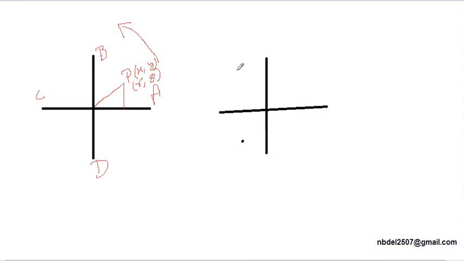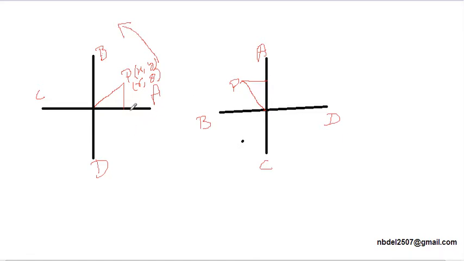Now I shifted 90 degrees, so A comes here, B goes there, C comes here, and D comes here. The triangle, of course, changes like this. This is P. It remains x and y, but I'm not mentioning it right now because we know the story.